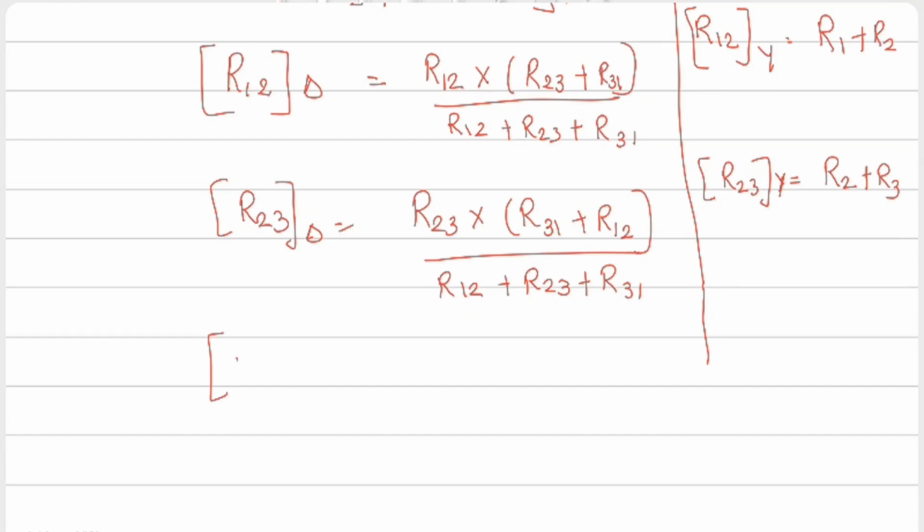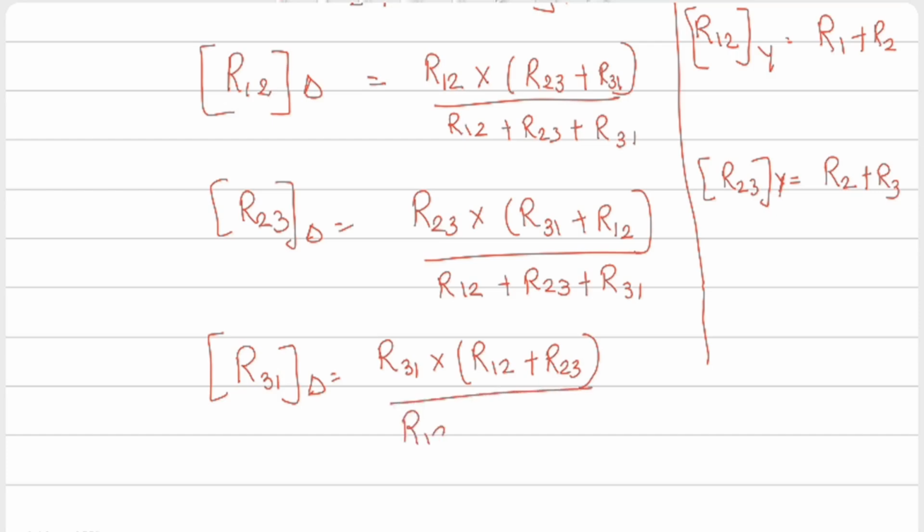Now the equation for R31 of delta would be R31 into (R12 plus R23), the whole divided by R12 plus R23 plus R31. Same way, R31 star equals R3 plus R1.